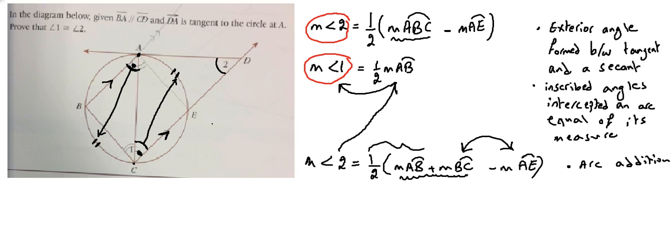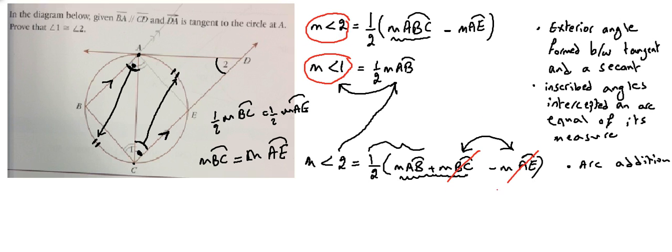Since these two angles are equal, then their halves are equal. So half the measure of arc BC is equal to half the measure of arc AE. This means the measure of arc BC equals the measure of arc AE. Since these two arcs are equal, we can cancel them. They have the same measure.